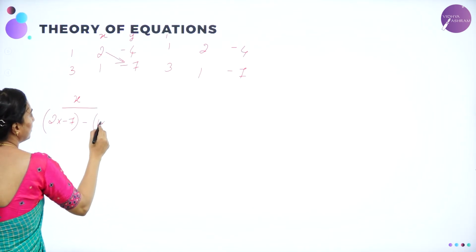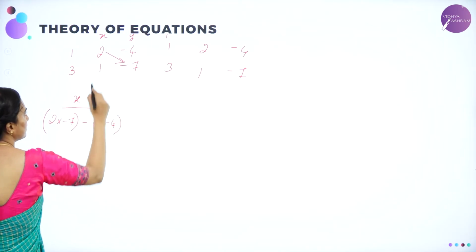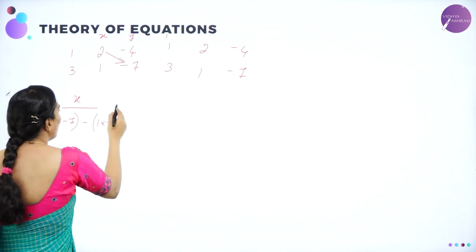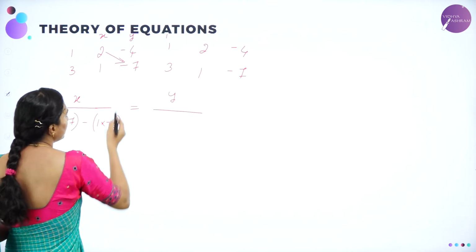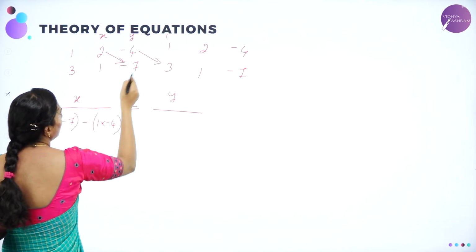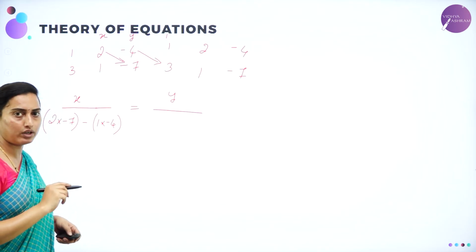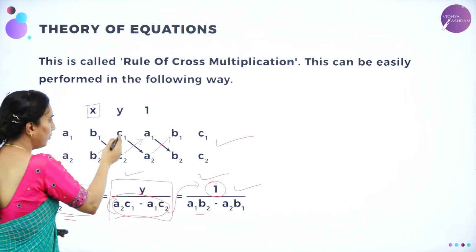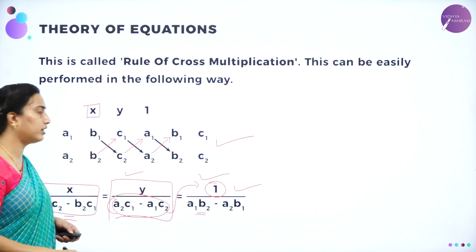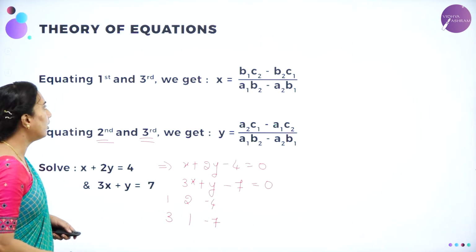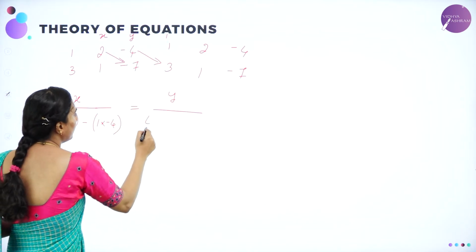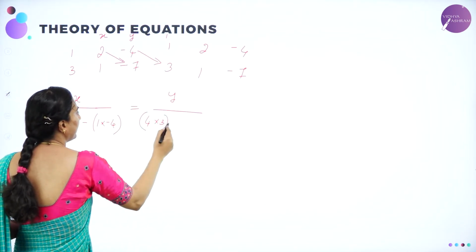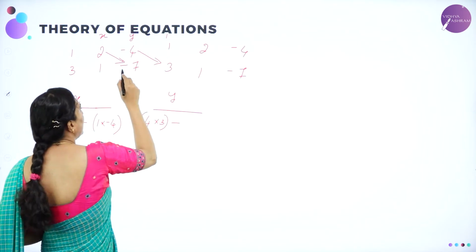Then y divided by, where you multiply 4 into 3 first, as the arrow mark shows, that is c1 into a2, so 4 into 3, minus 7 into 1.